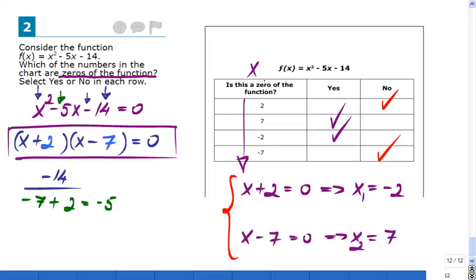Now this is one way, like I said. Another way is to plug in all these 2, 7, -2, -7 into your equation and see if that's 0. The other way is, and maybe you want to try that first, check if your discriminant, which is what? b squared minus 4ac, is greater than or equal to 0.